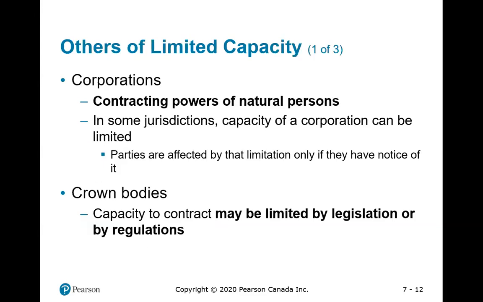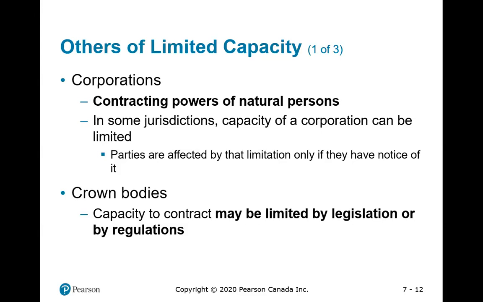So, other parties in which capacity is of concern to us: corporations. We'll see corporations next week. A corporation's shareholders or directors, when they create the corporation, may limit its capacity.